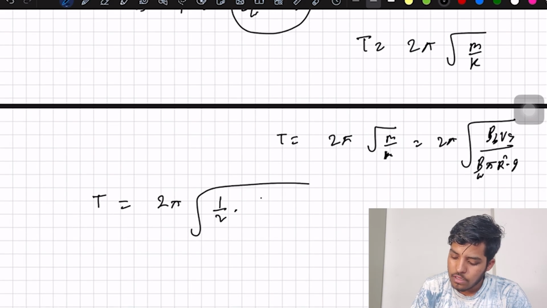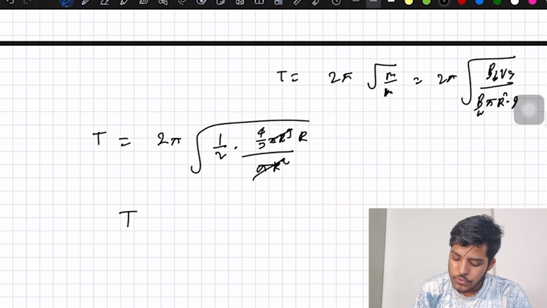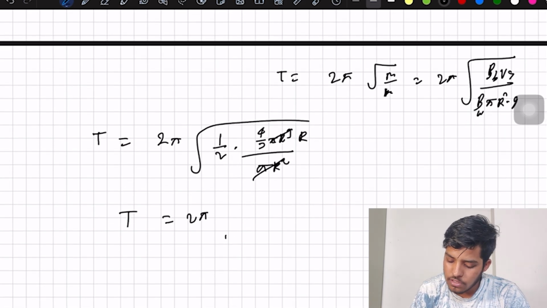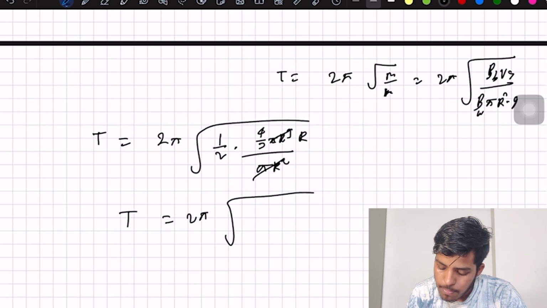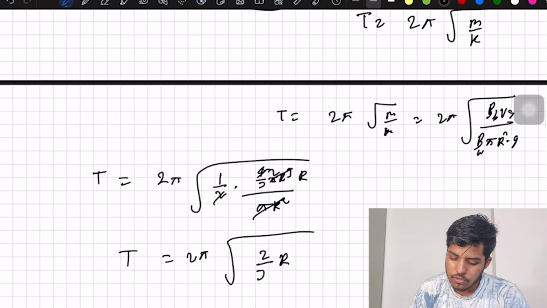V is 4 by 3 pi r cube upon pi r square, so pi r square got cancelled. So time period equals 2 pi, and on simplification it comes to be 2 upon 3 r. 2 pi under root of 2 upon 3 r.